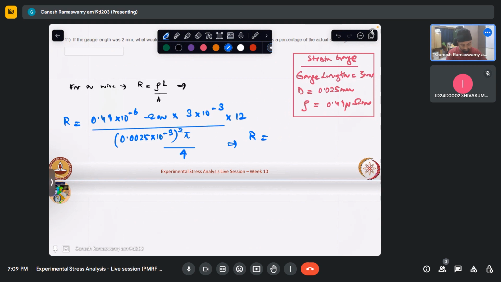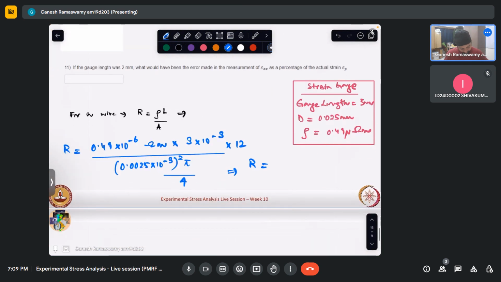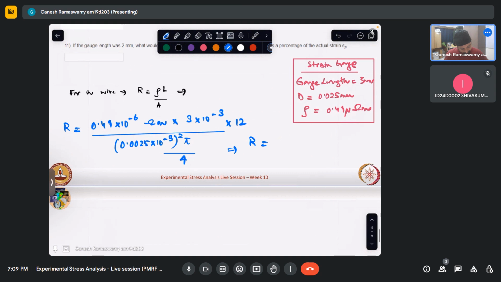3 mm, 0.0025, 10 power minus 3. So this comes out to be 299, which is close to 300 ohms.